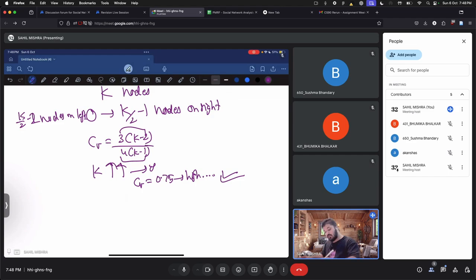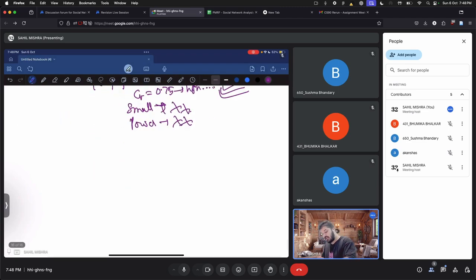This follows a very high local clustering coefficient, but it doesn't follow the small world property. It also doesn't follow the power law. It just follows a very high clustering coefficient. So it follows these two things here.